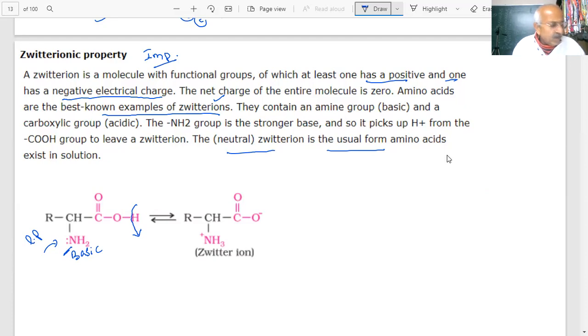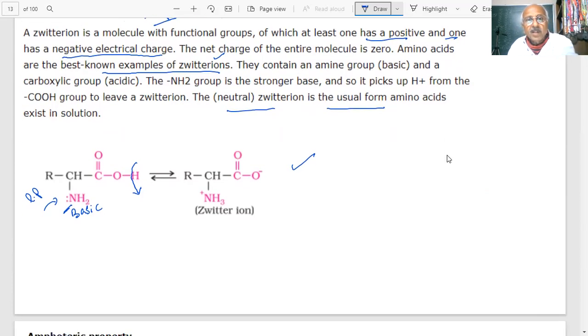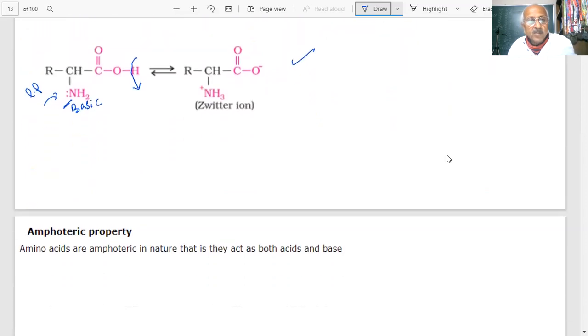So this will result in the formation of a dipolar ion. What type of ion is this, students? Dipolar ion. And this is called a zwitterion. Now, electrically, when things become charged, you see that there are electrical properties. This will depend on the pH of the solution.